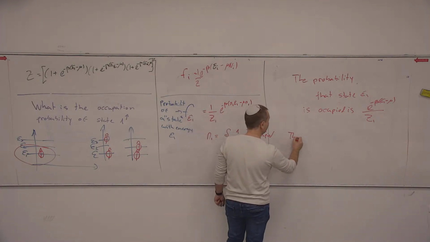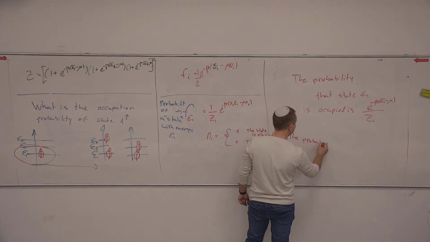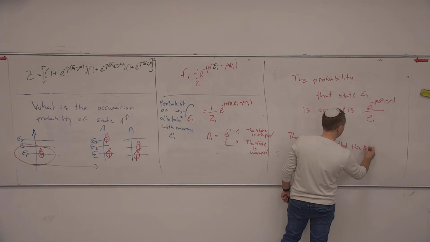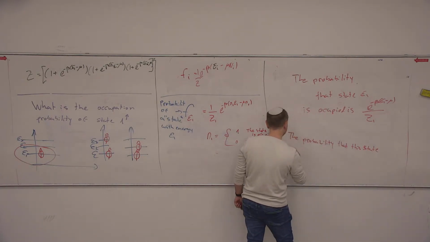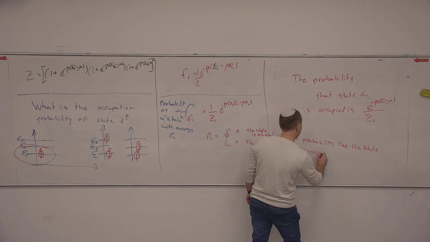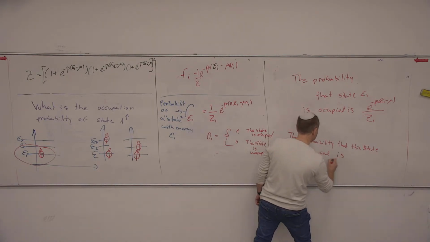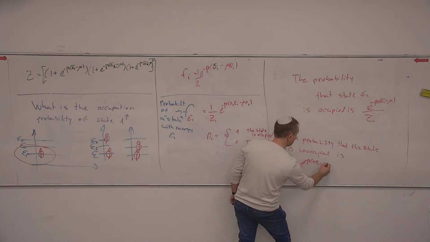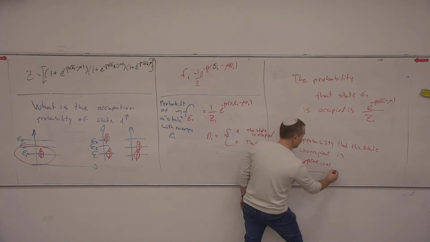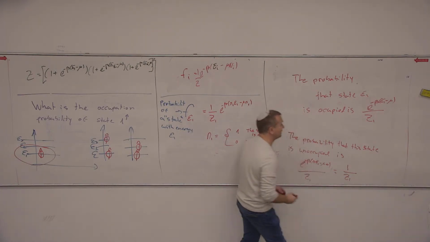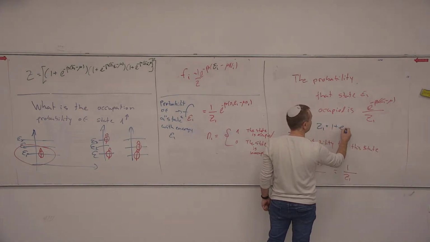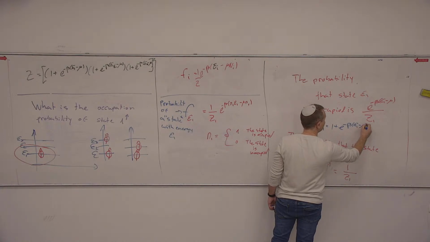And the probability that the state is unoccupied is e to the power minus beta times 0 multiplied by epsilon 1 minus mu, divided by z1, which equals 1 over z1. And z1 is 1 plus e to the power minus beta epsilon 1 minus mu.